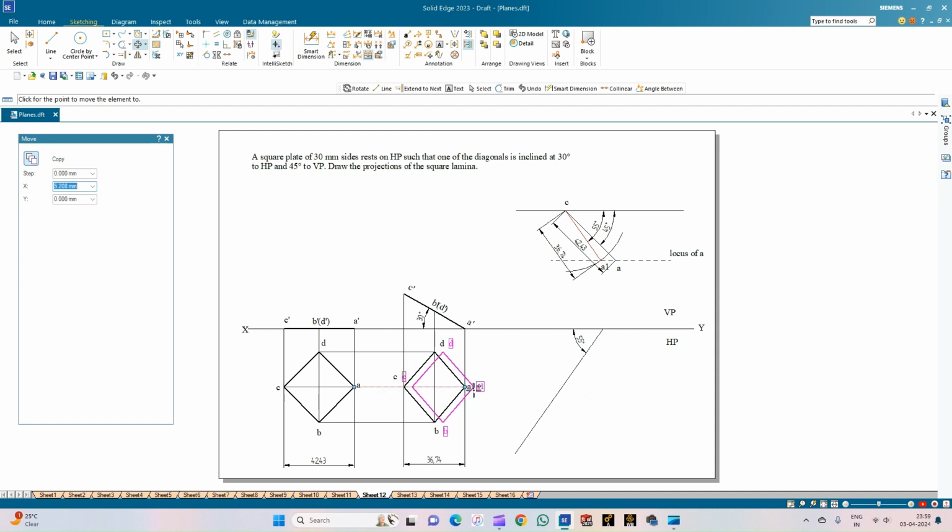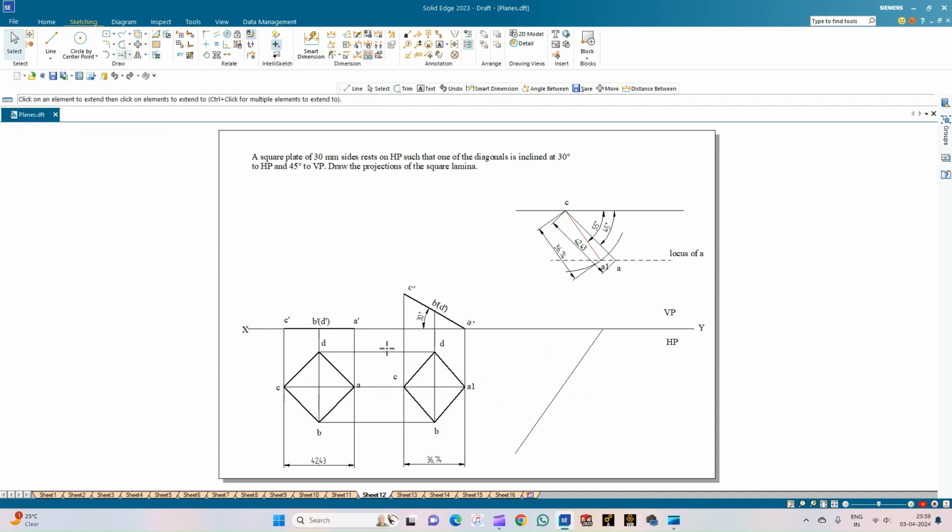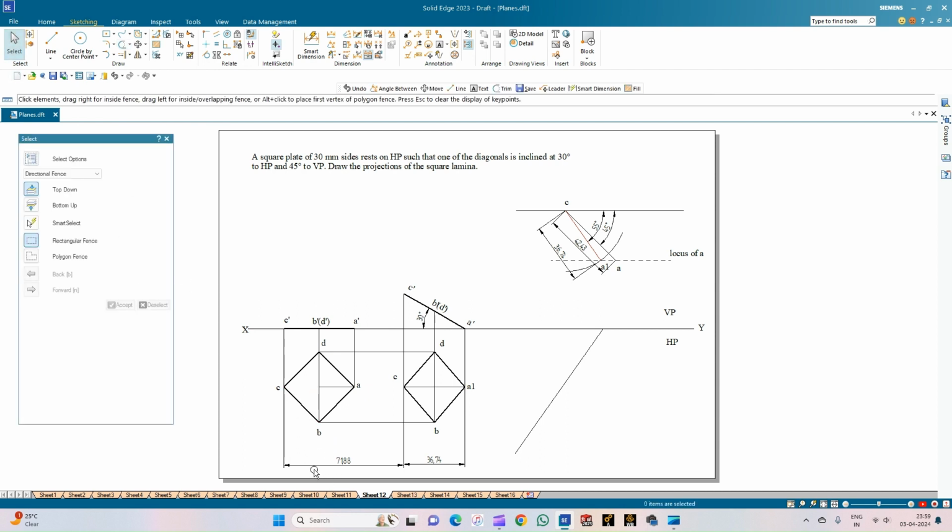Okay, so I didn't get the diagonal here. So what I'll do is, for time being, let me just trim this projection line, and delete this dimension also.